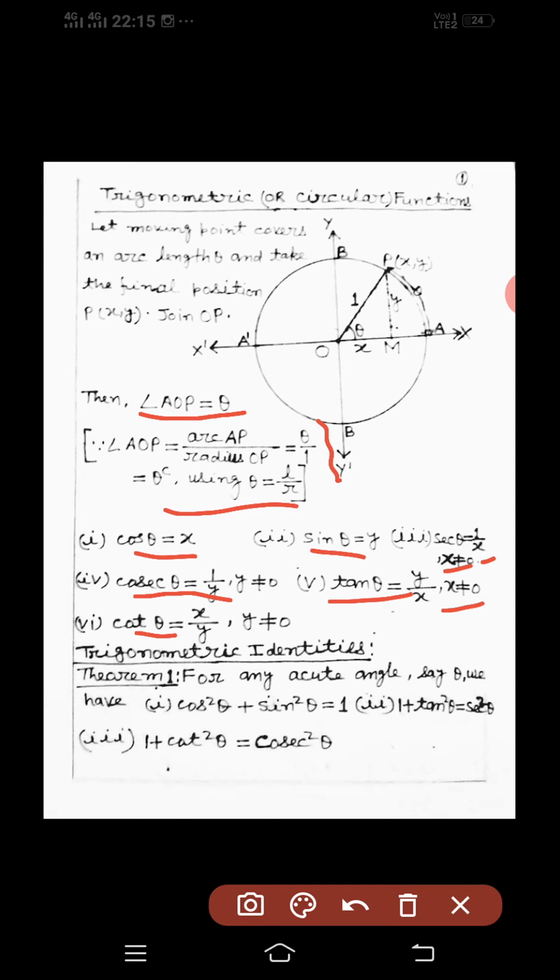Theorem 1: for any acute angle theta, we have sin square theta plus cos square theta equal to 1, 1 plus tan square theta is equal to sec square theta, and 1 plus cot square theta is equal to cosec square theta.